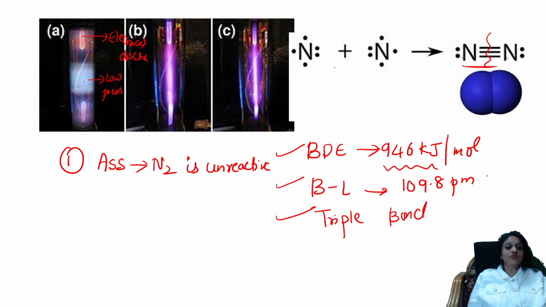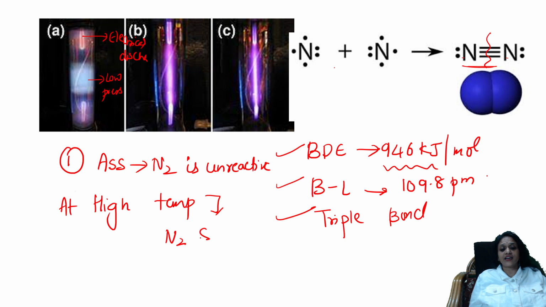Slowly the product glows brighter, it becomes purple, then yellow. So at high temperatures, nitrogen automatically starts reacting.